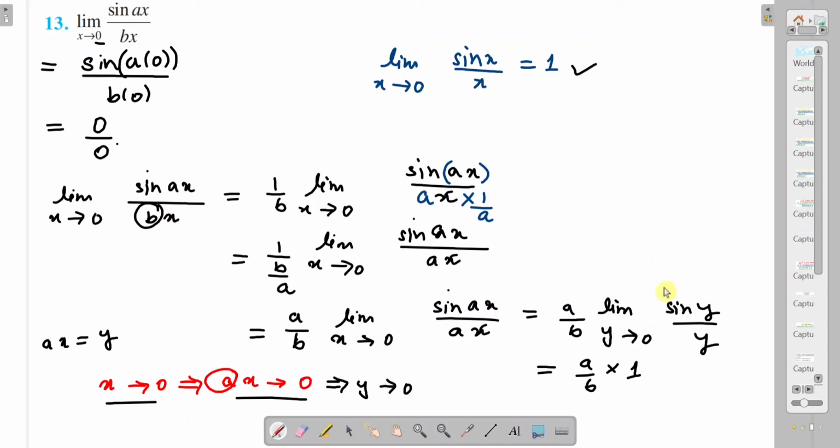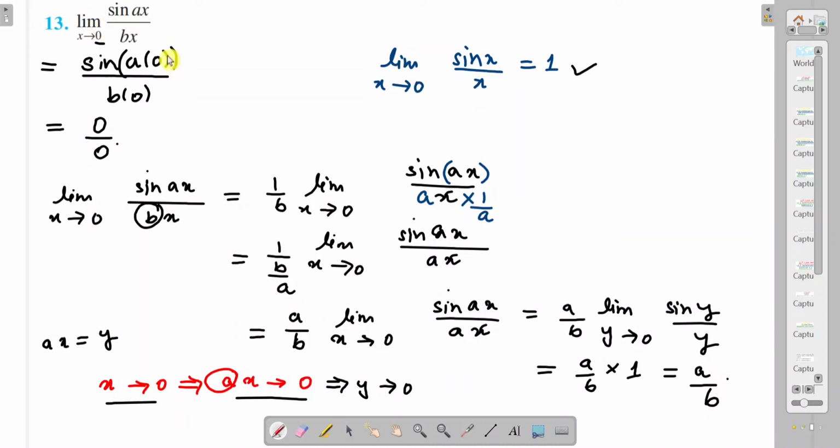Only the variable is different, but that doesn't matter. A variable is just denoted by a letter x, right? So here another letter is there, y. So limit y tends to 0 sin y by y is the same, and that is 1. So a by b multiplied by 1 is a by b, okay, that is the answer.